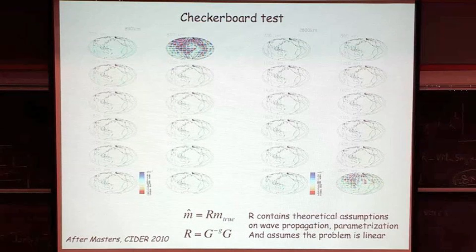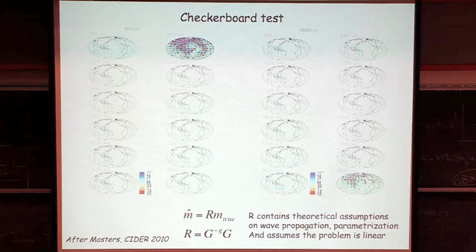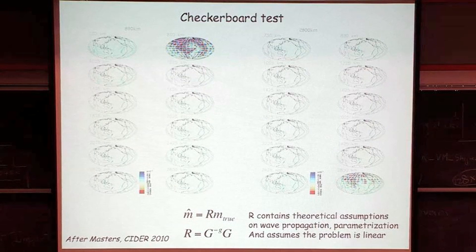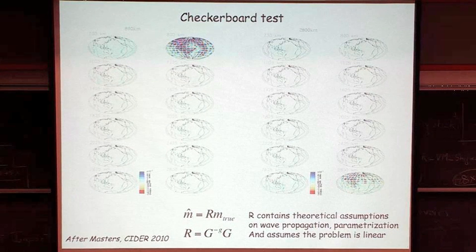It might actually be that the data set is good enough to constrain a long wavelength structure. And so you will see that a larger checkerboard is actually much better retrieved with this type of inversion than the shorter wavelengths. Well, it depends, because you can think about these things in wave number space or in geographical space, and there are advantages and disadvantages.